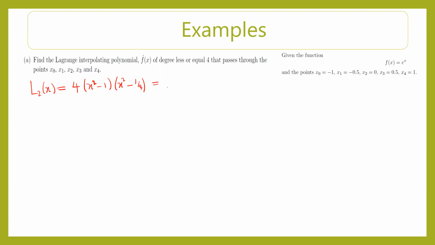Or simply x squared minus 1 and 4x squared minus 1. And for L3 of x, you get minus 8x into x squared minus 1, x plus 1 over 2, all divided by 3.